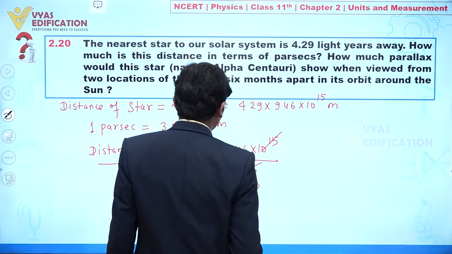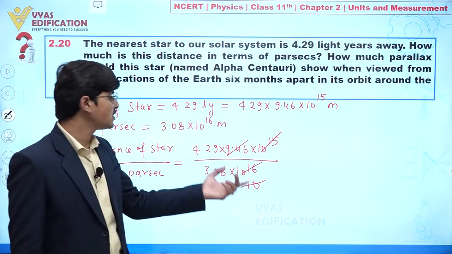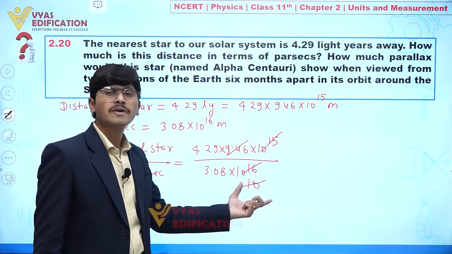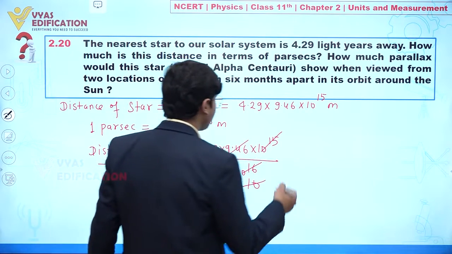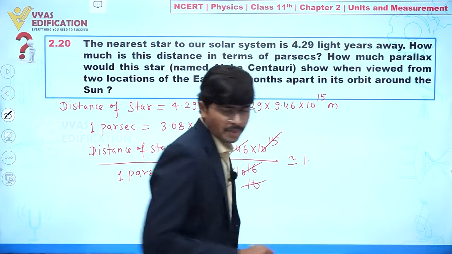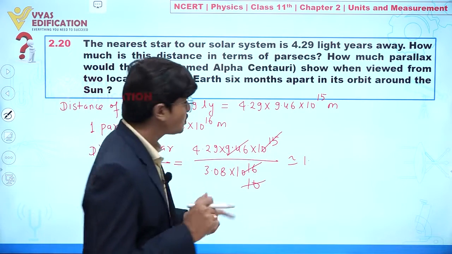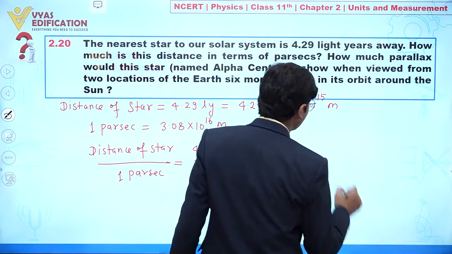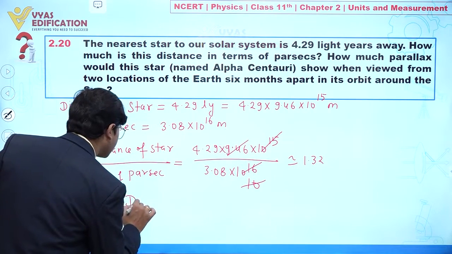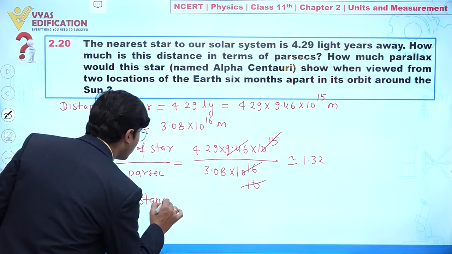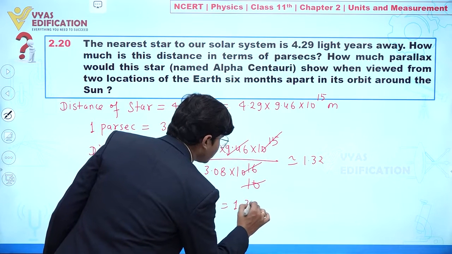This is about 9.5 over 10, so definitely it will come out to be 1 point something, and then multiplying by 4.29, if you calculate here, you will find this ratio is 1.32. So the distance of the star is equal to 1.32 parsec.